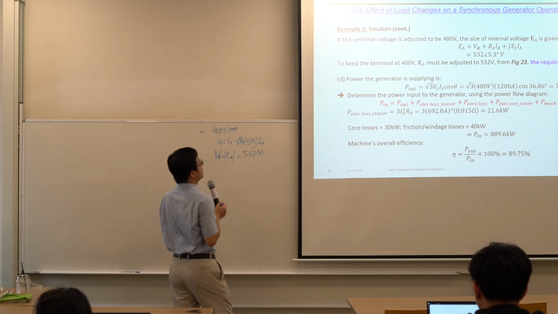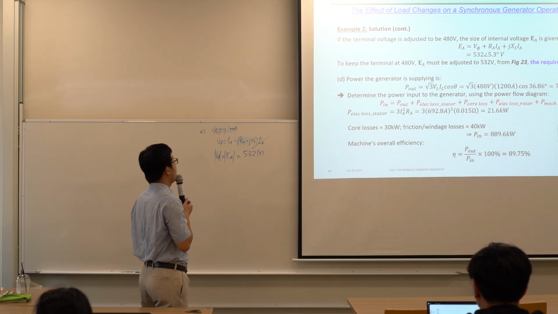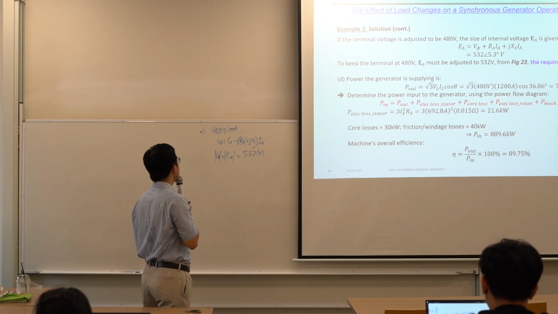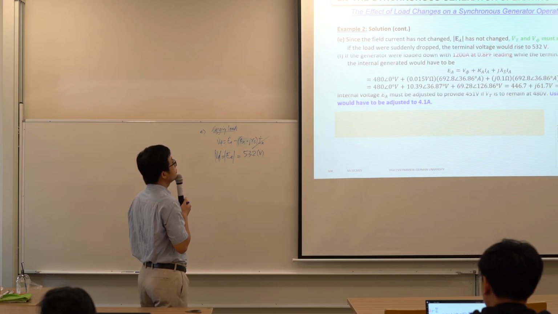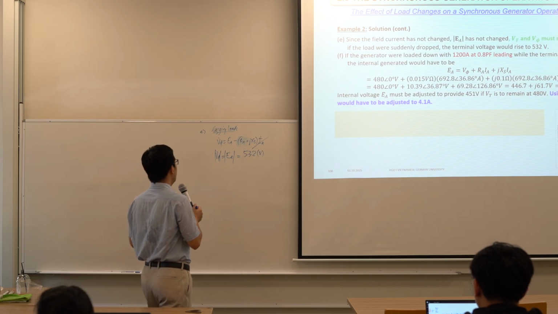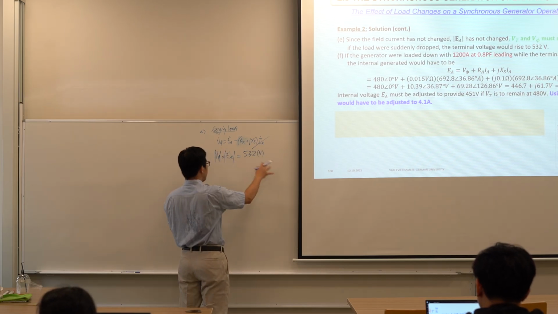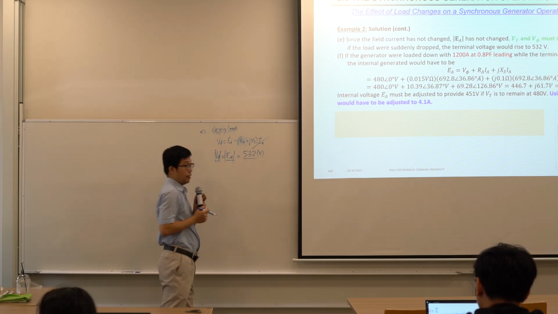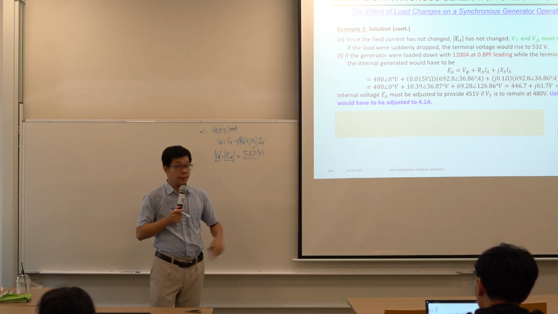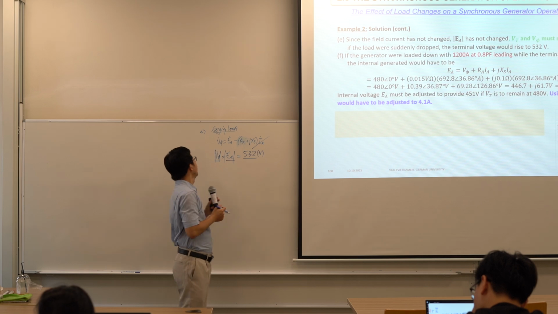I mean the magnitude. So we have the answer. If we disconnect the load, the internal phase voltage equals the terminal phase voltage, and we get 5.2 volt, because IA is 0.